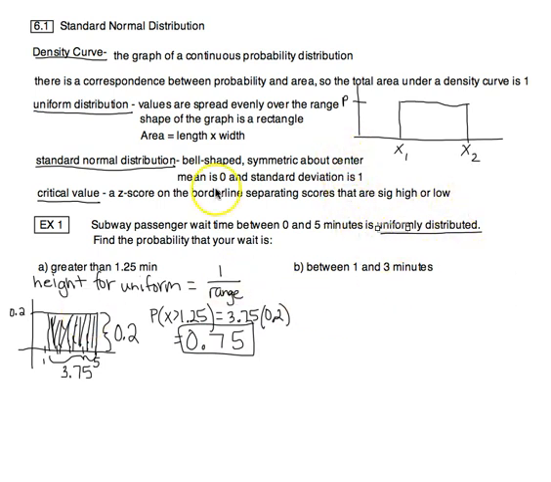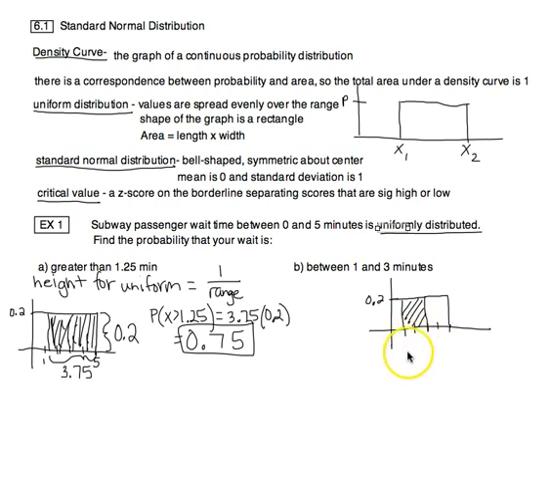So for the next one, it's the exact same idea. If we draw our picture, the entire area looks the exact same because it's the same exact situation. So here's the whole rectangle. We want to know the probability of the wait being between 1, which is here, and 3, which is here. So this shaded area right there.